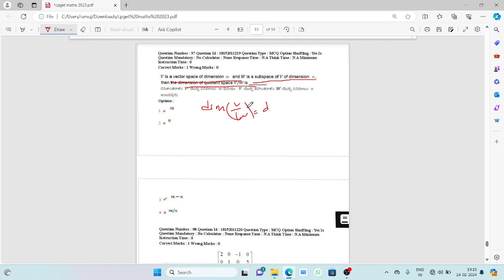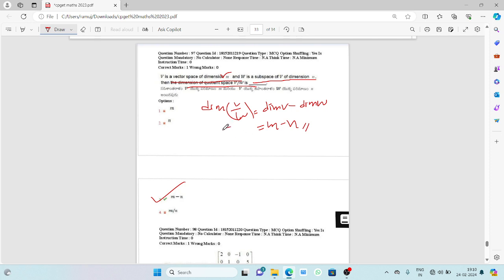I already told you, for the dimension of W1 plus W2, I remember it using the probability formula. This is also simple: dimension of V minus dimension of W. He already gave that the dimension of V is m and the dimension of W is n. So we can directly get m minus n. So this is a direct statement. You don't need to worry about these types of questions.